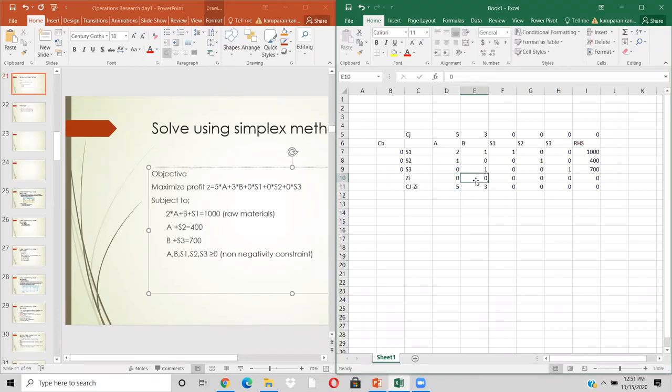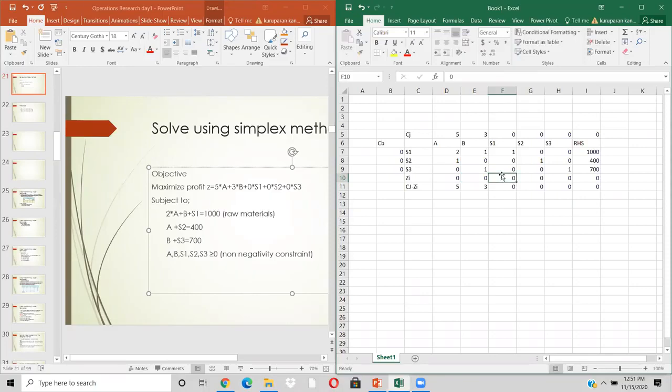Similarly here, 1 times 0, 0 into 0 plus 0 into 0 plus 1 times 0. By solving this, you will get 0.